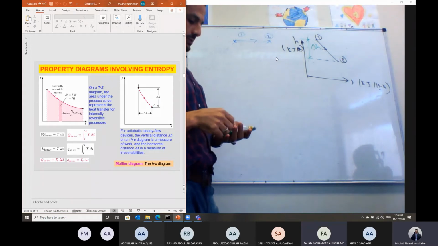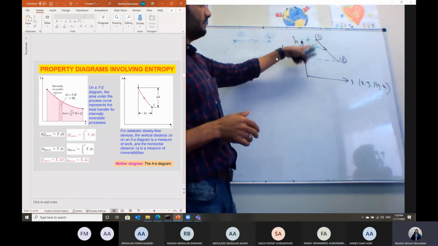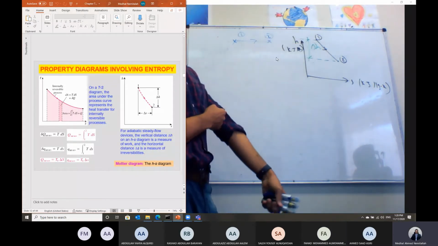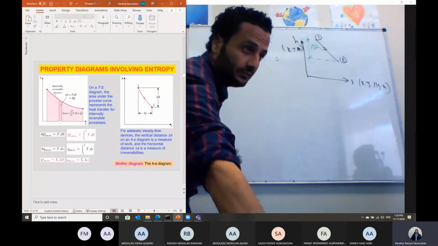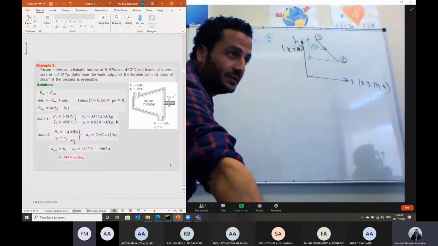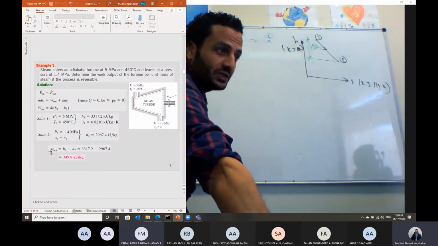Change in pressure? About what? Pressure and temperature? But yes, the difference itself from the inlet to the exit, the difference in enthalpy gives us indication about what? We just solved this example here. See here? Change in internal energy. Delta H gave us indication about what?